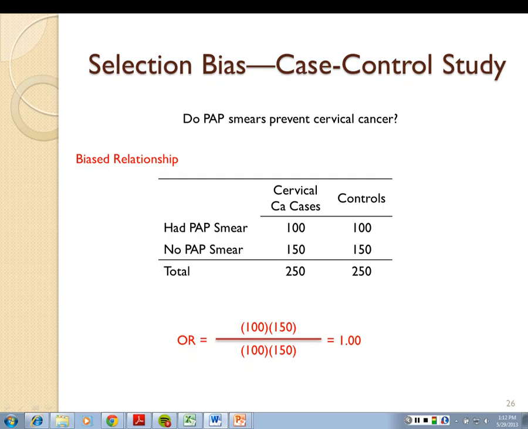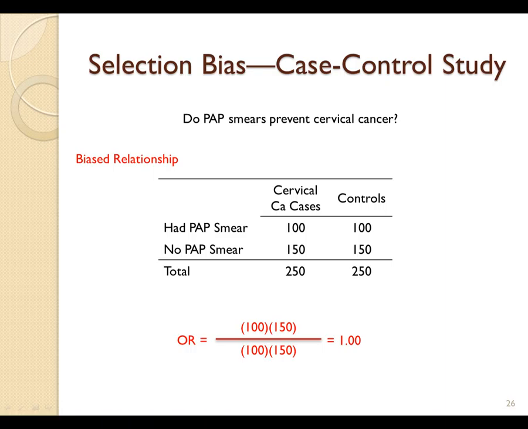This data indicates there is no association between pap smears and risk of cervical cancer. So women who were at home during the day were not representative of the whole study population that produced the cases. They did not accurately represent the distribution of exposure in the study population that produced the cases, and so they gave a biased estimate of this association.